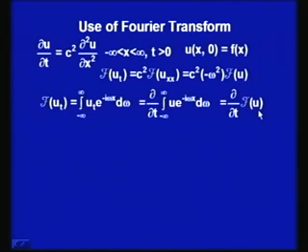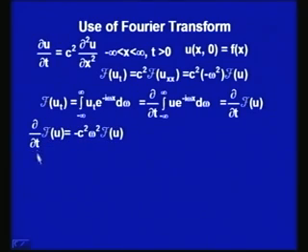Now, if I substitute in this equation, what do I get? I get del by del t of the Fourier transform of u is minus c square omega square times the Fourier transform of u. Now, I am taking this new function rather than f(x) as we used to have. What we have now is the Fourier transform of u, which is a function of omega.